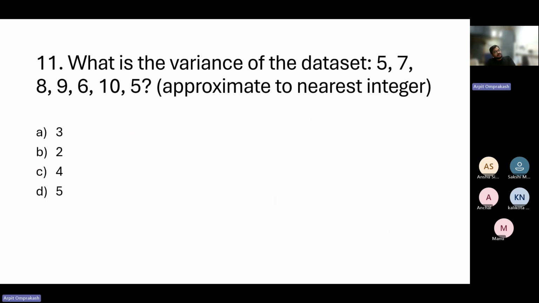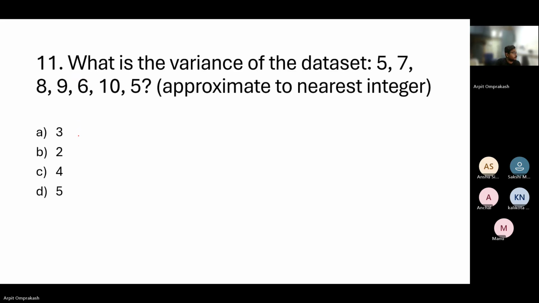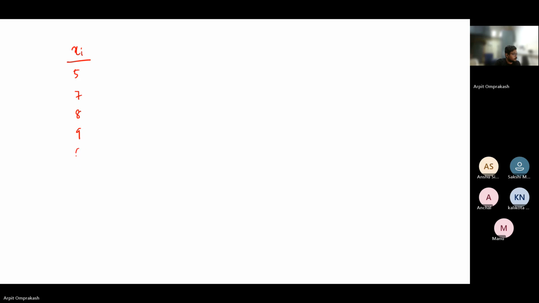So question 11, what is the variance of the data set 5, 8, 8, 9, 6, 10, and 5, approximated to the nearest integers. So again, to calculate the variance, the easy way, what you need to do is calculate the x bar, which is summation of xi divided by n.